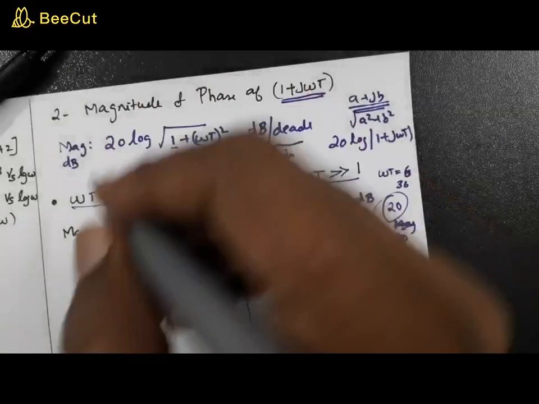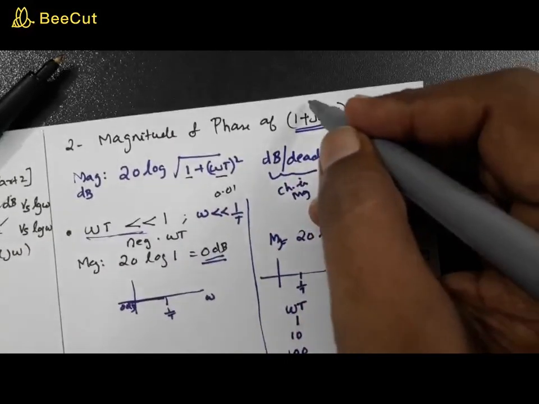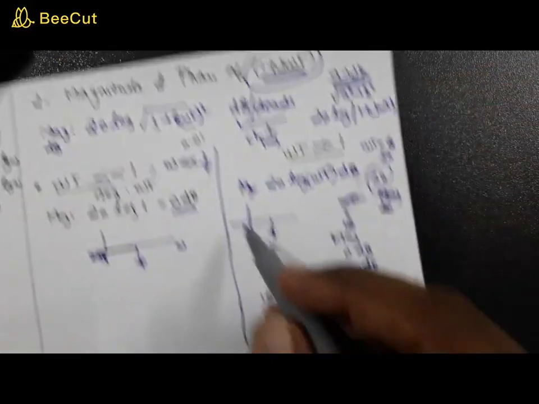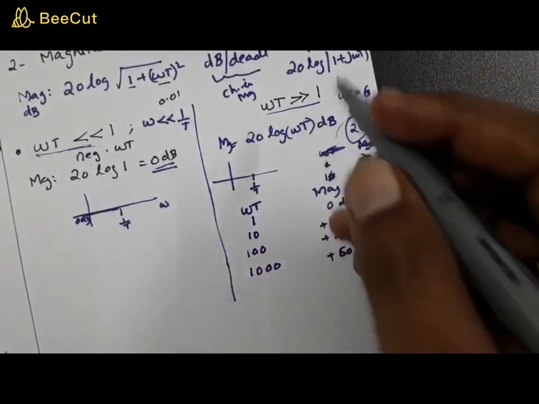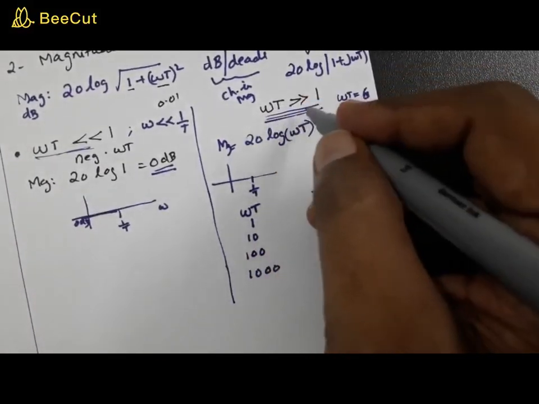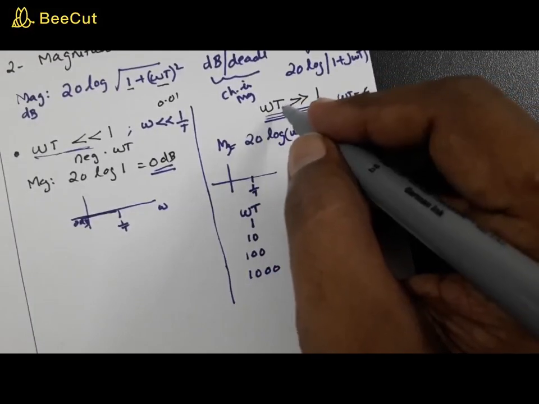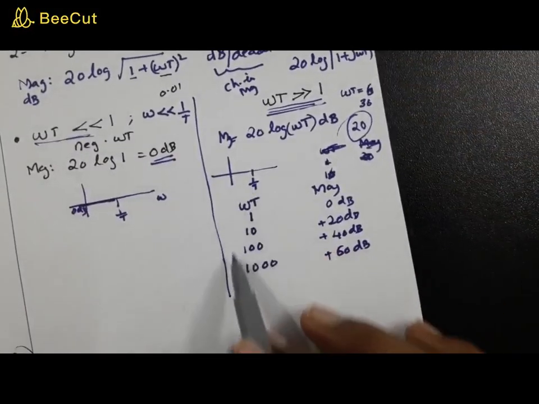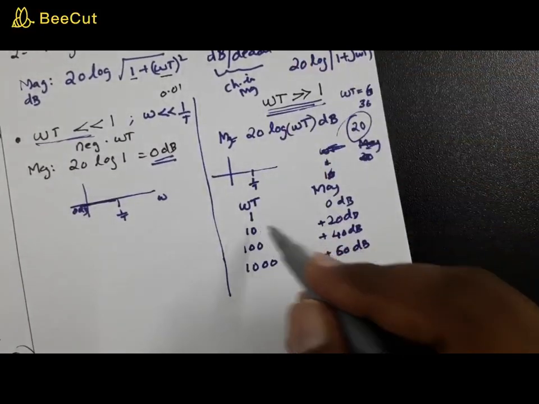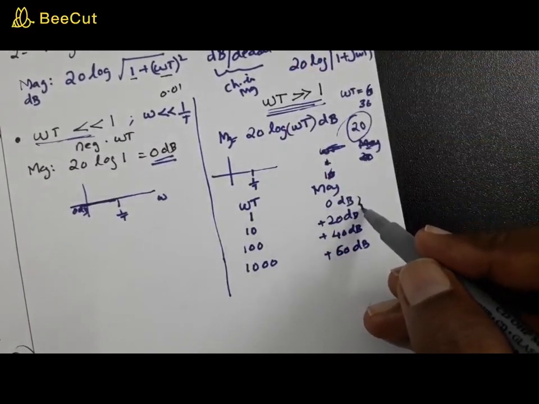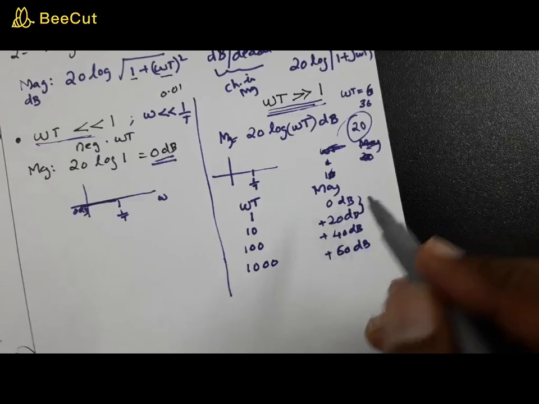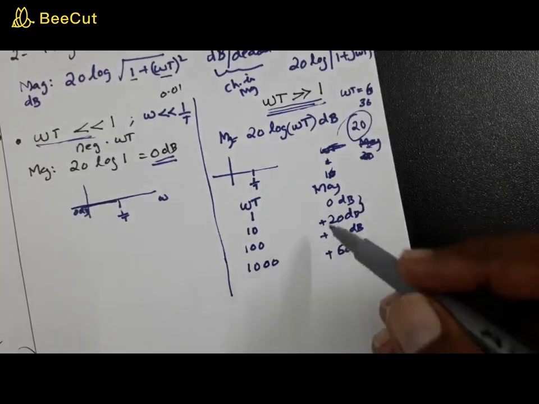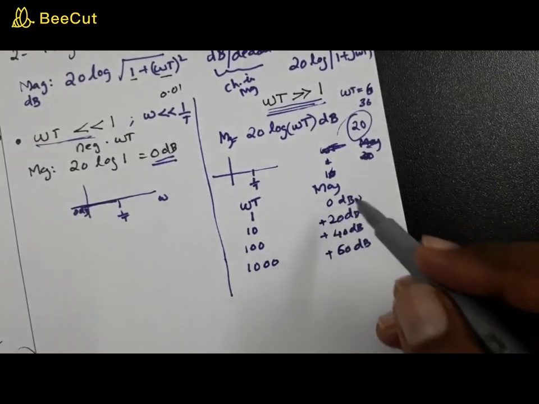This is the speciality of 1 plus j omega t: after a particular frequency, as the frequency becomes much higher compared to 1, the term varies at 20 decibels per decade. The positive sign shows that it increases.